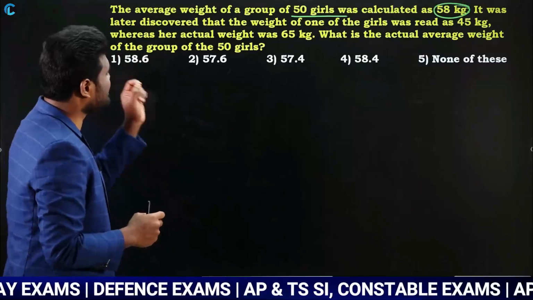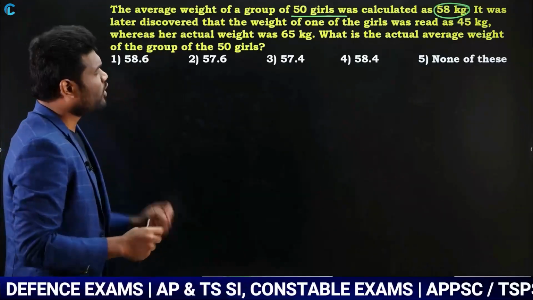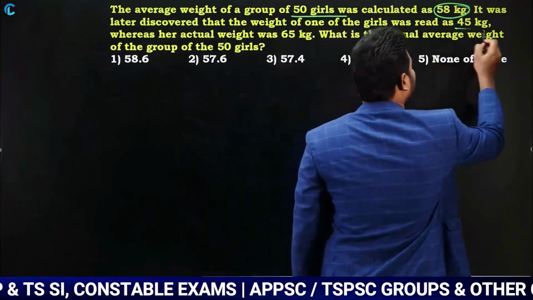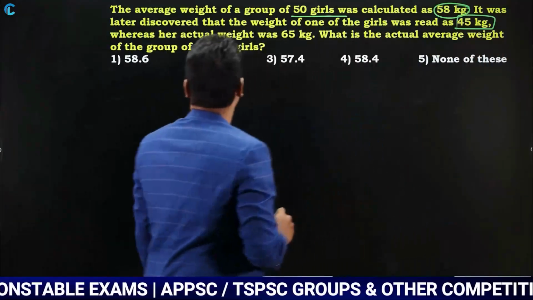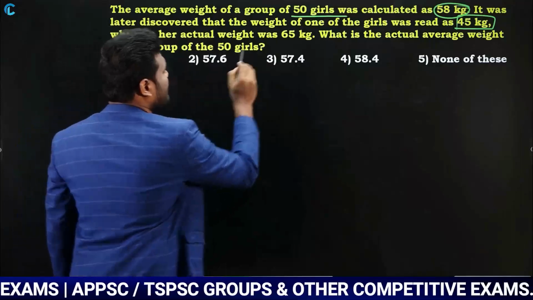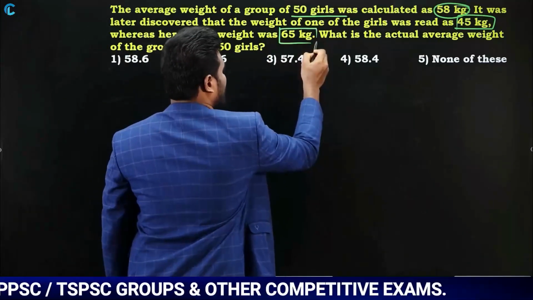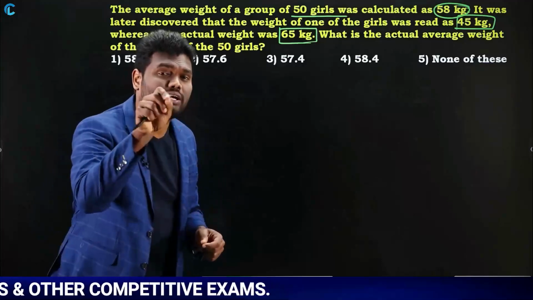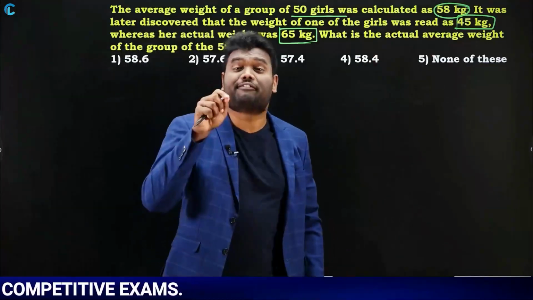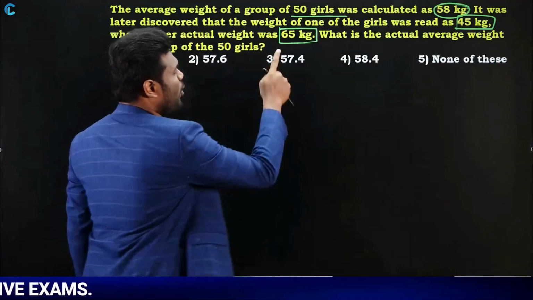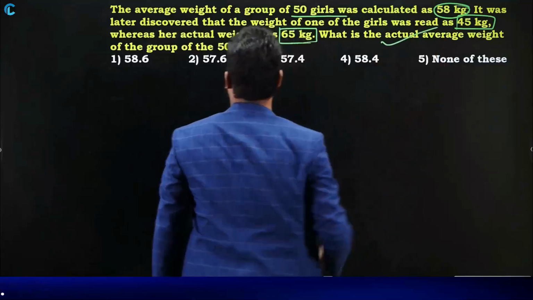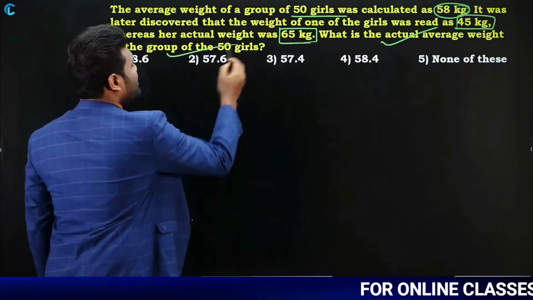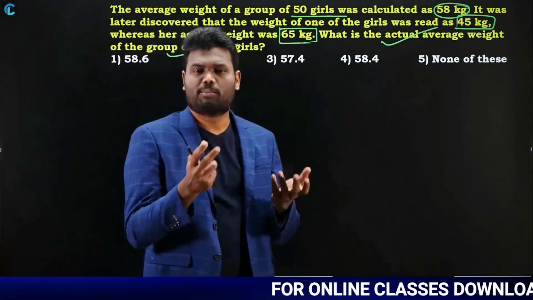It was later discovered that the weight of one of the girls was read as 45 kg, whereas her actual weight was 65 kg. But what they have noted is 45 kg. Now your question is, what is the actual average weight of the group of 50 girls? Actual average weight or correct average, both are the same.